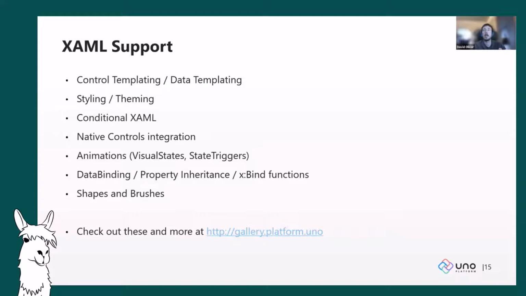There's data binding. There's XBind, which gives you the ability to bind to functions in code behind. There's shapes, brushes, a whole kit of features, and then you can see many of them in action if you go to gallery.platform.uno, which is a demo running a whole suite of controls and showing off XAML features as well. It's available at that link for WebAssembly, and you can also download it on Android, iOS, and I think on the Windows Store as well through the stores.